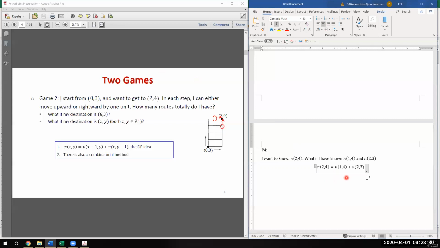So just sum these two numbers, and then immediately you're going to get N(2,4), right? Then that means as long as I know N(1,4) and N(2,3), I know N(2,4). Then let me ask you how to calculate N(1,4), for example.